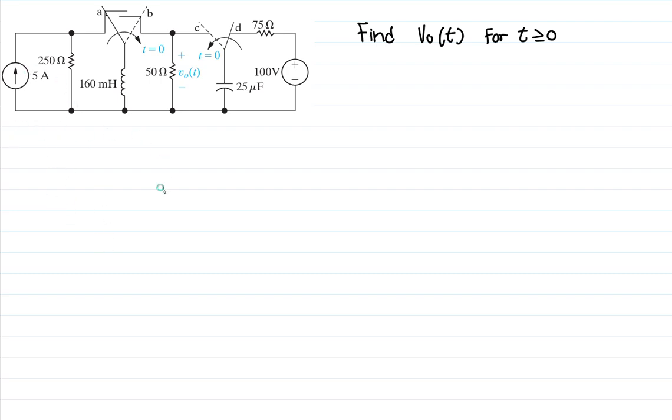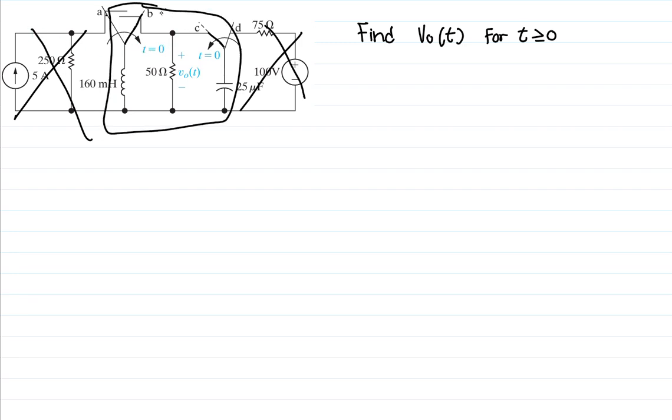voltage. So before t is equal to 0, so remember when t is equal to 0, we have a closed circuit here and this part of the circuit is being disregarded, so we only focus on this part when t is equal to 0.